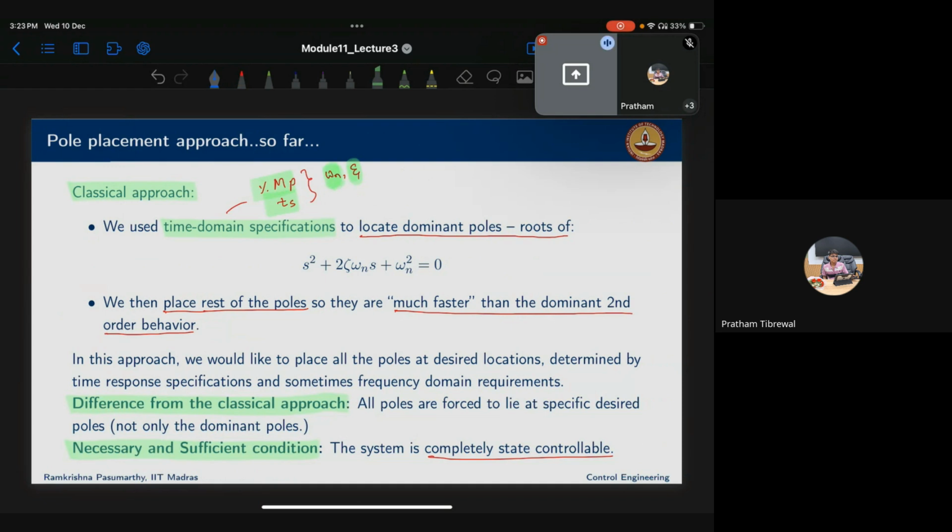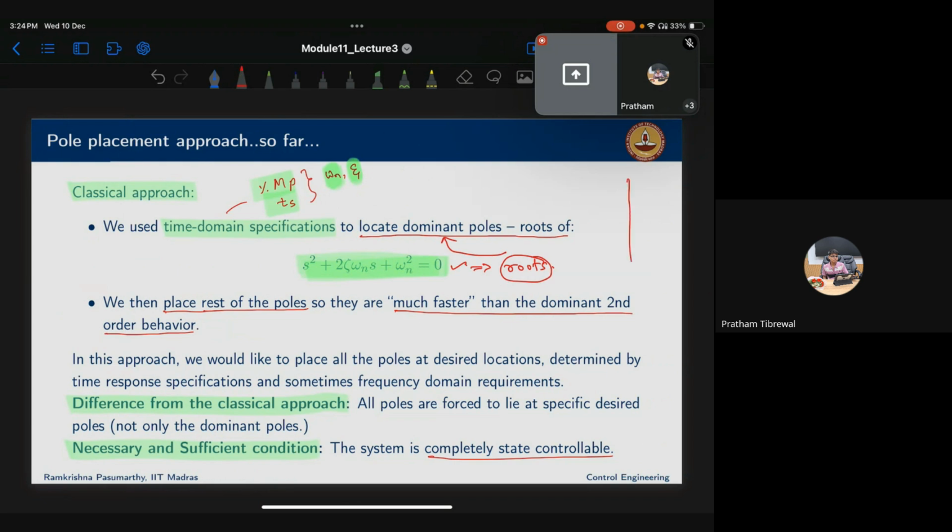Once we find omega n and zeta, we substitute them in this equation and find the roots. We call them dominant poles.